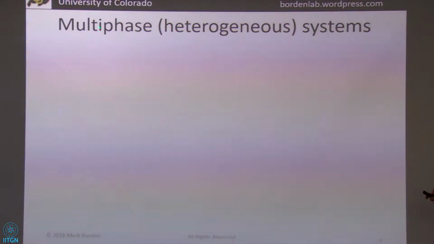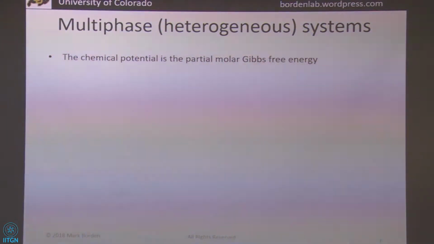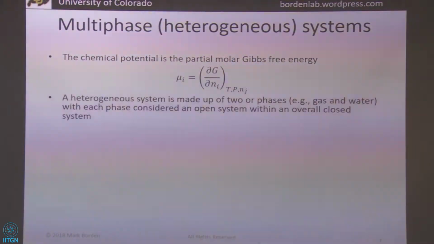Okay, so for multiphase heterogeneous systems, and that's our system, because we have a gas bubble and a liquid medium. So it's multiphase. One phase is the gas, one phase is the medium. The chemical potential is a partial molar Gibbs free energy, as we just saw. A heterogeneous system is made up of two phases, gas and water, with each phase considered an open system within an overall closed system.